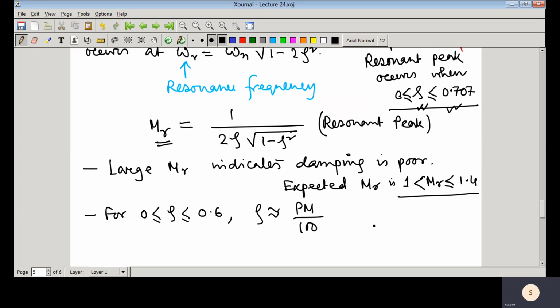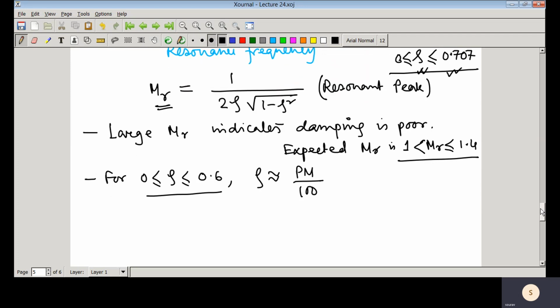Suppose it is said that you need to design a controller so that your phase margin would be 45 degree. Then immediately you can understand, if it is a second order system, the zeta value would be around 0.45, because 45 divided by 100. And that works whenever zeta is between 0 and 0.6.